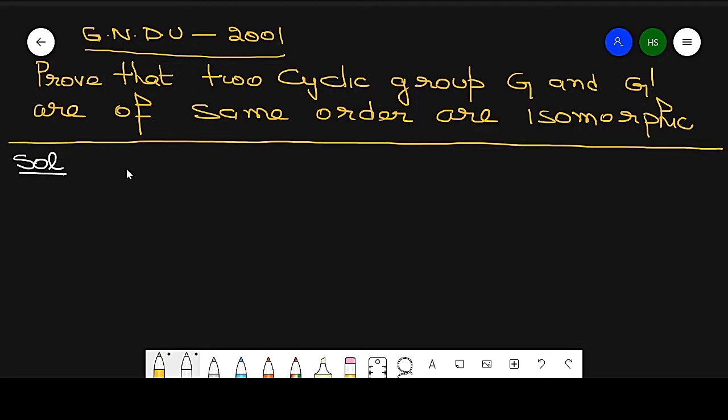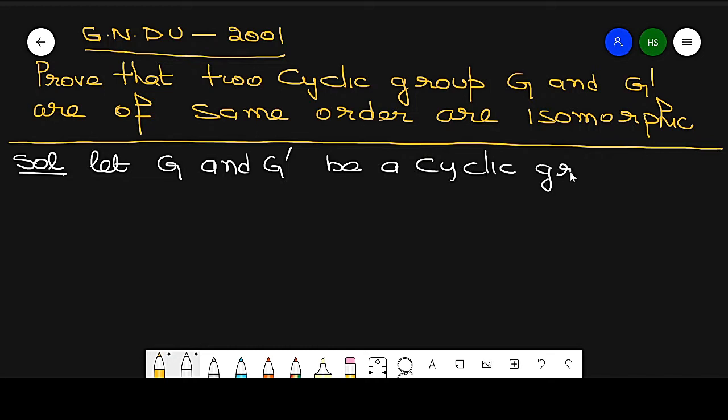Now two cyclic groups. So let G and G dash be cyclic groups of the same order, cyclic groups of order n.